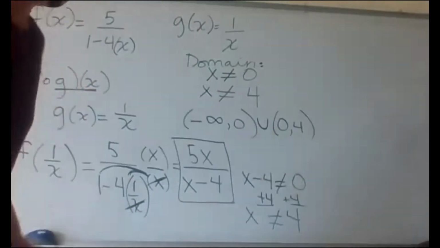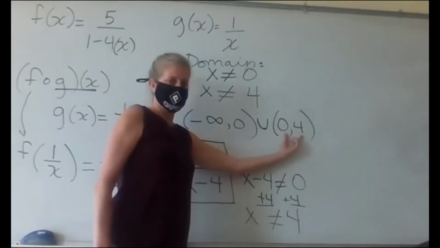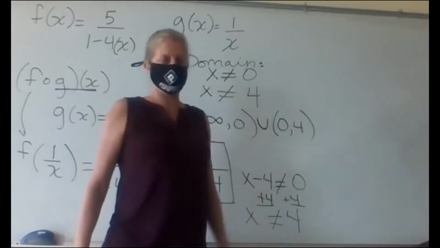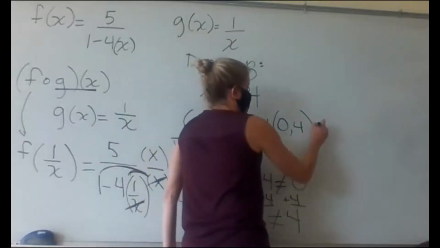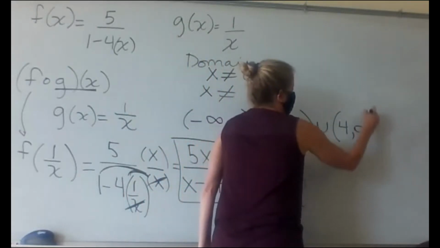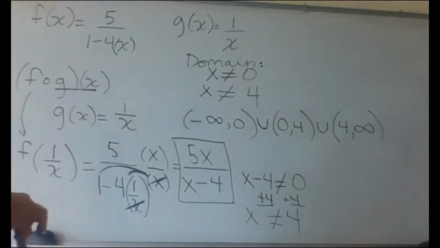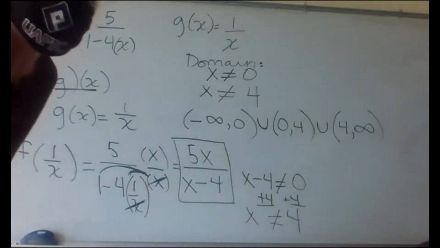Now, I've included all the numbers below 0, all the numbers between 0 and 4. What's the last group of numbers that I need to include? All the numbers from 4 to infinity. And again, that part will be multiple choice for you. So there's the first part of that question. So what have I done here?